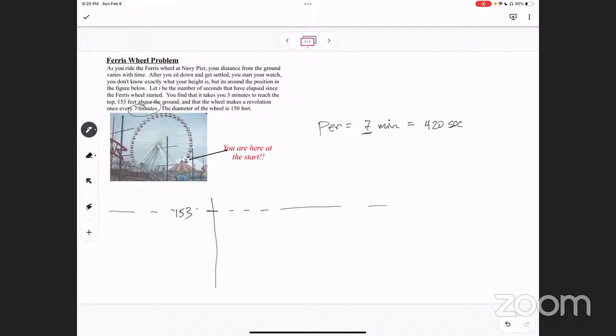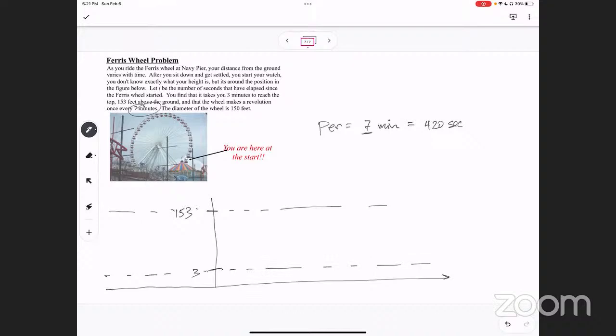Okay. The diameter of the wheel is 150. So that means you started at 3 feet. You follow? 3 feet off the ground is where you started. I don't know if you started there, but that's the lowest it ever goes.